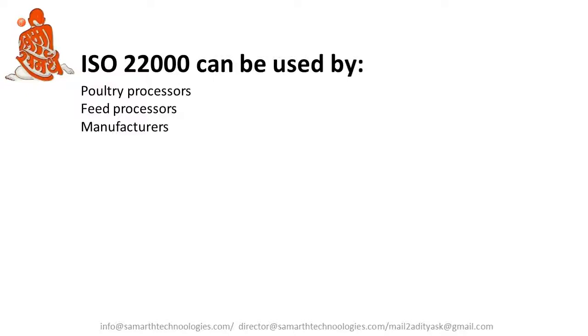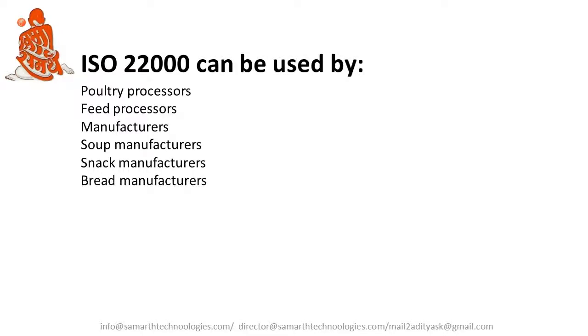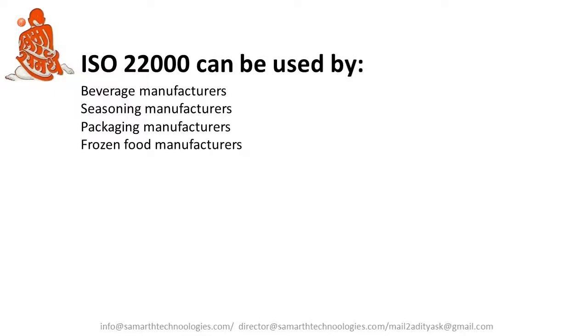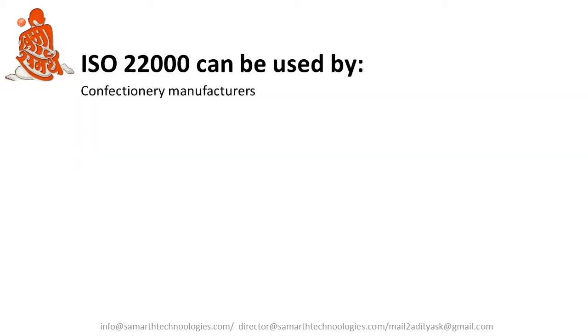Manufacturers include soup manufacturers, snack manufacturers, bread manufacturers, cereal manufacturers, dressing manufacturers, beverage manufacturers, seasoning manufacturers, packaging manufacturers, frozen food manufacturers, canned food manufacturers, confectionery manufacturers, dietary supplement manufacturers.